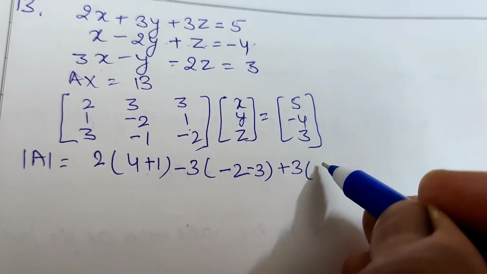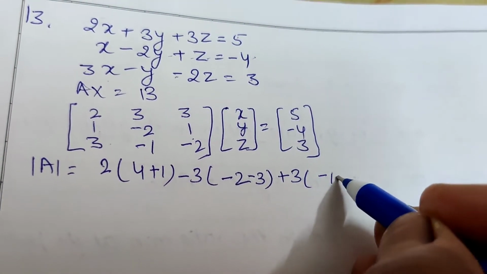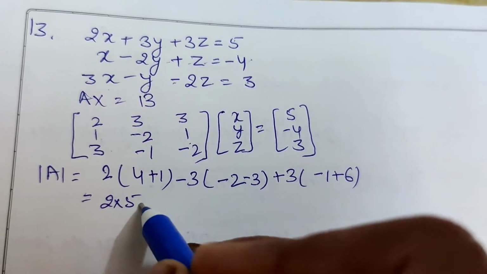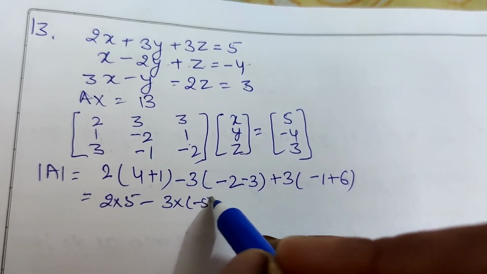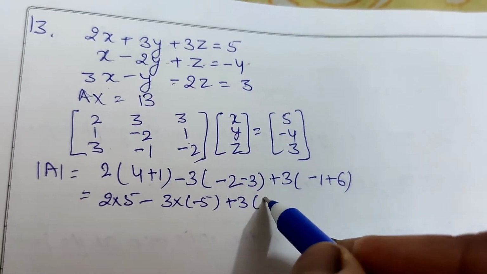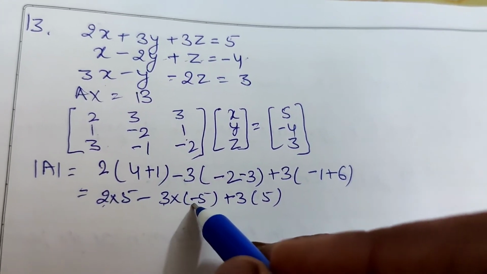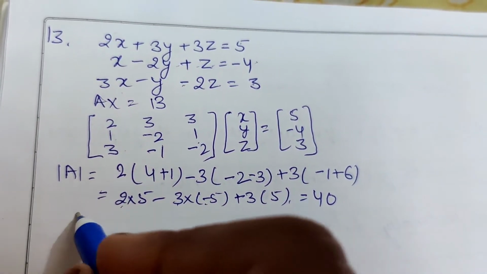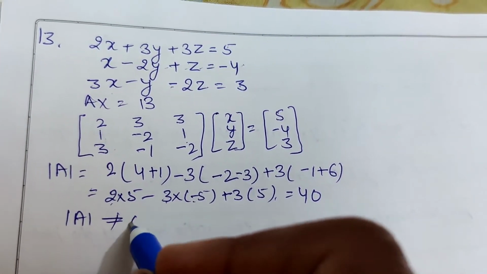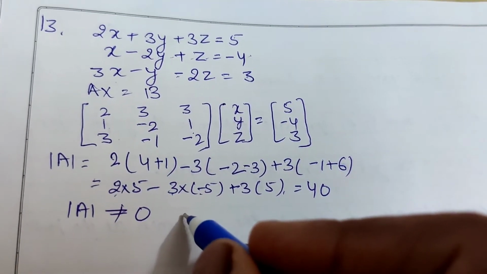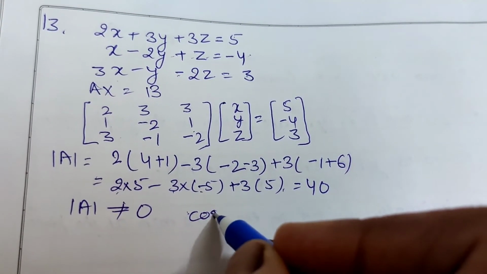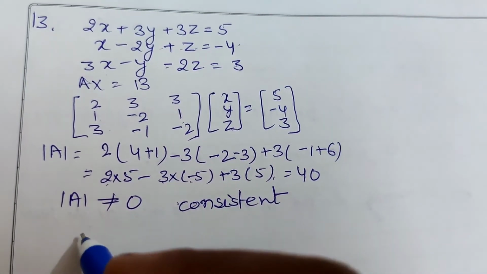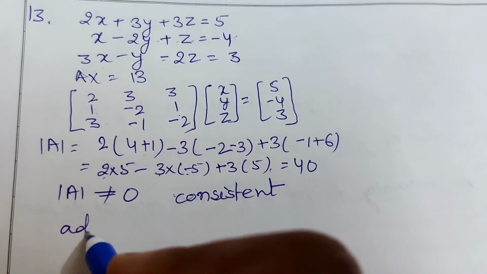And plus 3, 1 into minus 1 plus 6. 2 into 5, minus 3 into minus 5 and 3 into 5. 10 plus 15, it is equal to 40. Determinant A is not equal to 0. It means the system is consistent. Okay.